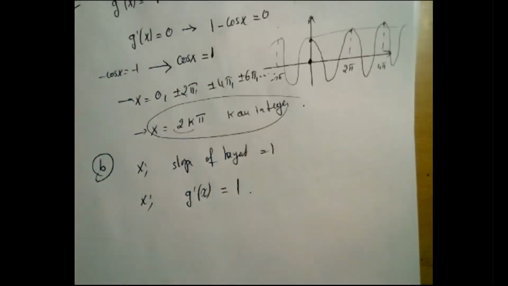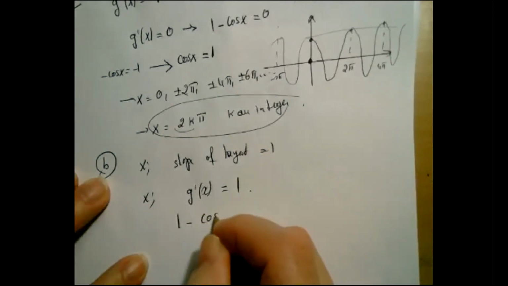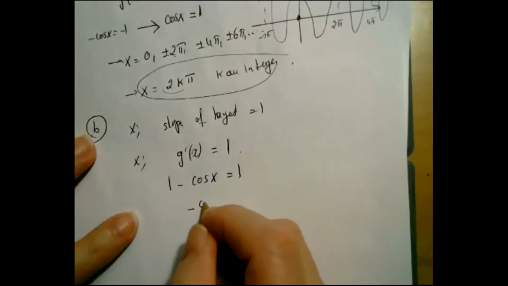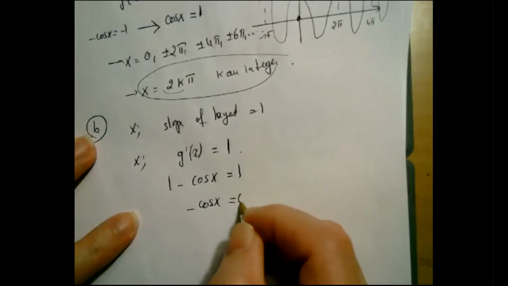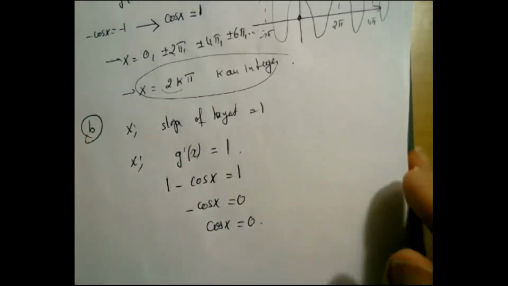We've computed the derivative already, so the derivative is 1 minus cosine. We're going to set 1 minus cosine equal to 1 and solve. 1 and 1 simplify, so I get 1 minus cosine x equal to 0. It means the cosine of x equals 0.